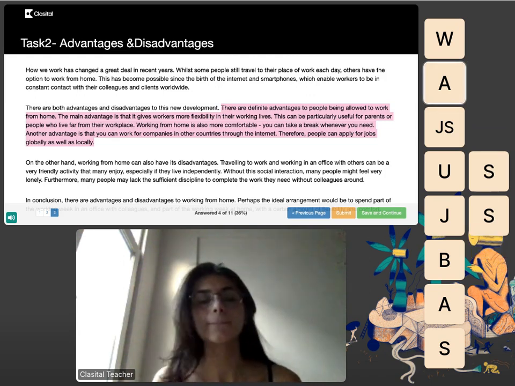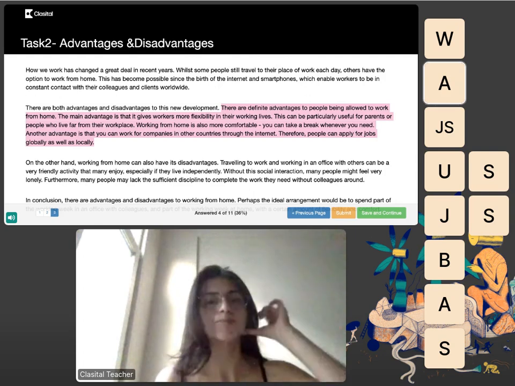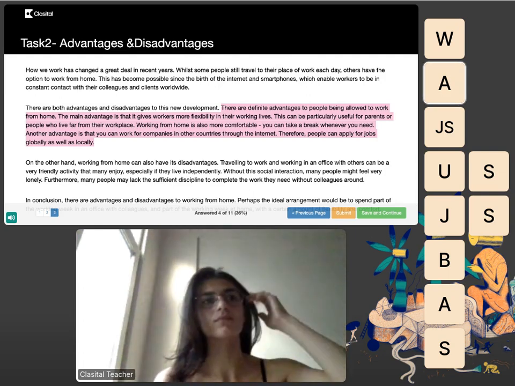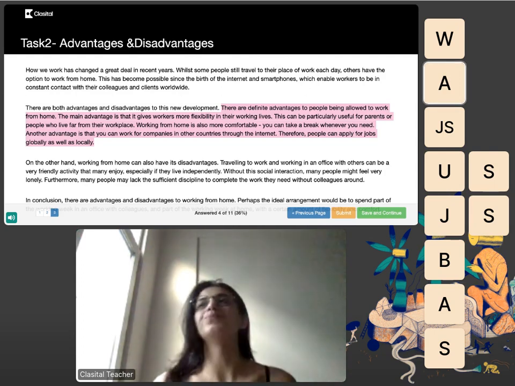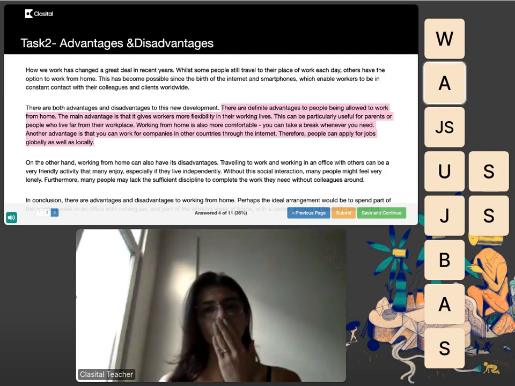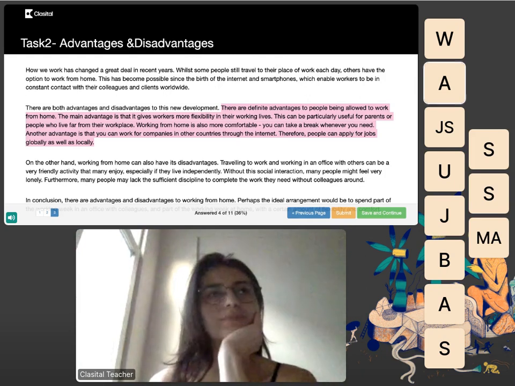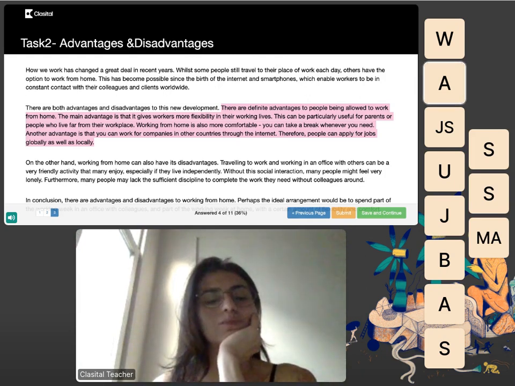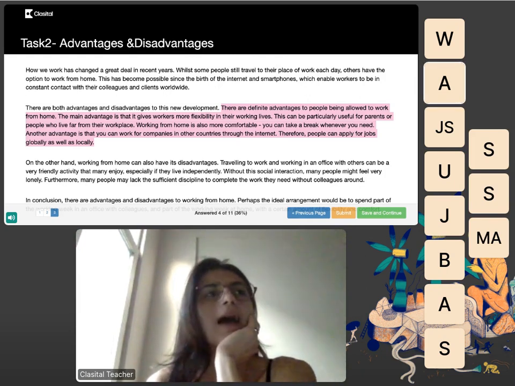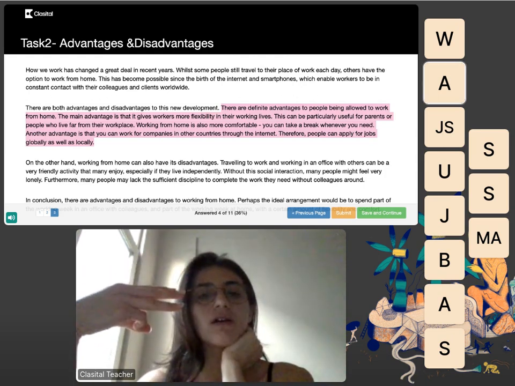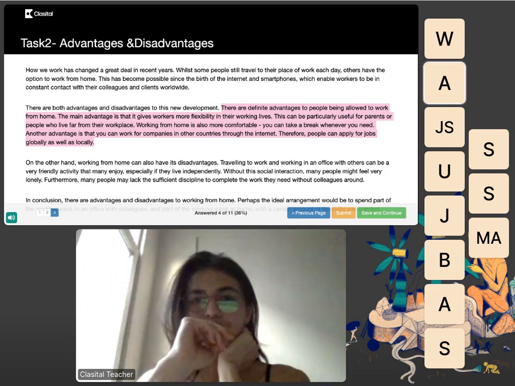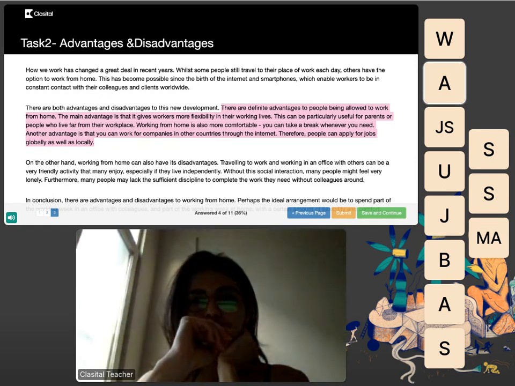Or else we can do one advantage and one disadvantage, then again in the third we can do a second advantage and a second disadvantage, using contrast words like although or however. Do you mean writing three body paragraphs? No, I'm saying we have more than one advantage or disadvantage.